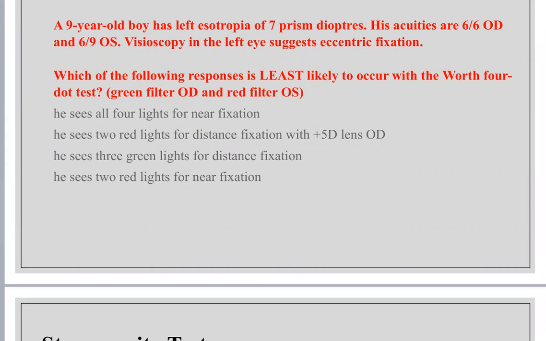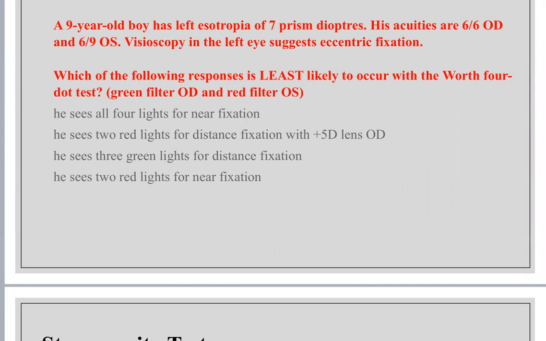This patient has a case called microtropia, and it suggests a small amount of eccentric fixation because it is not evident clinically. It is evident using the visuoscopy. Okay, so this is a small amount of eccentric fixation. Okay, this is monofixation syndrome.